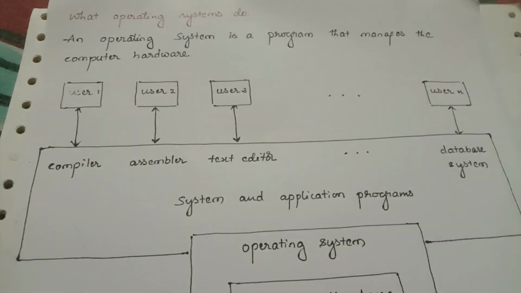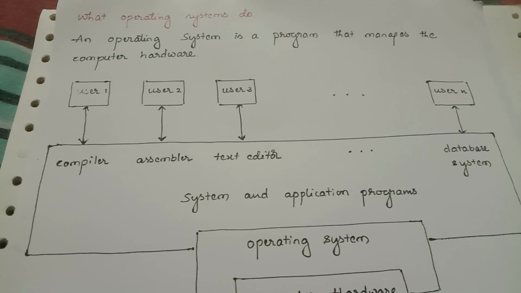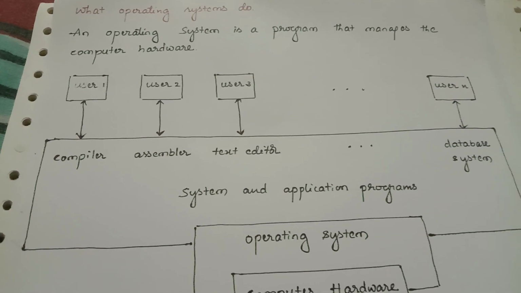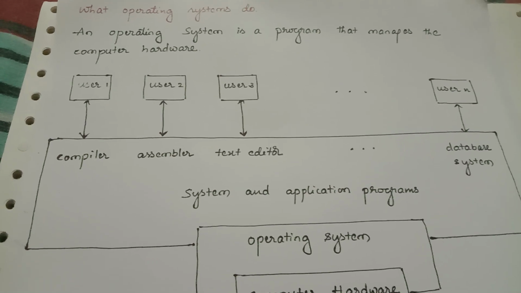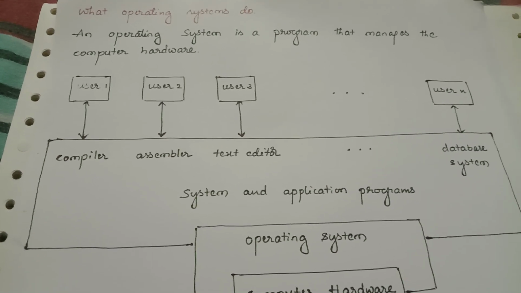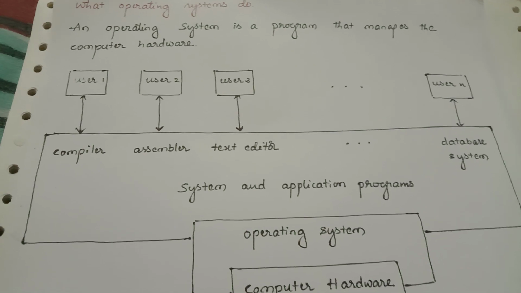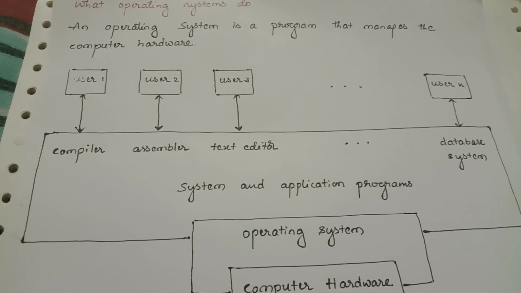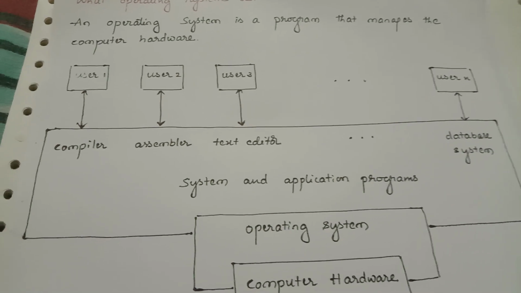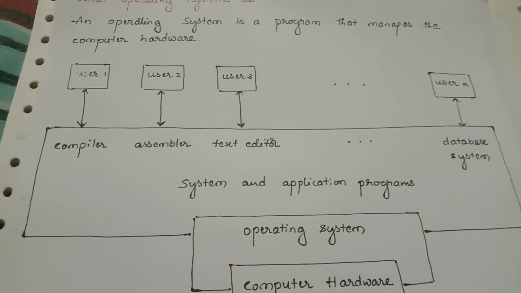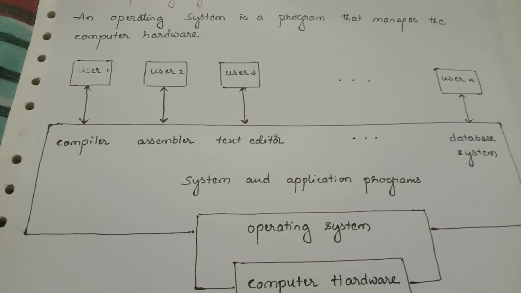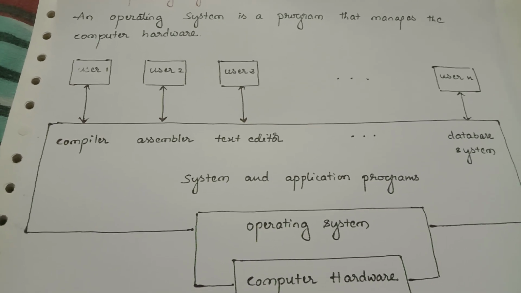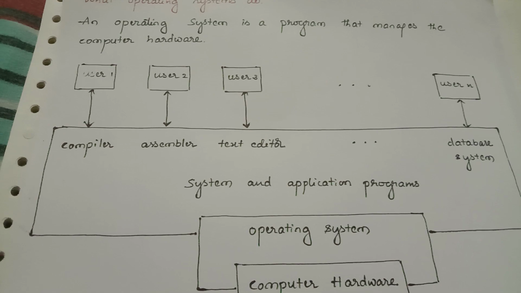So, an operating system is a program that manages the computer hardware. It also provides a basis for application programs and acts as an intermediary between the computer user and the computer hardware. An important aspect of operating systems is how varied they are in accomplishing these tasks.